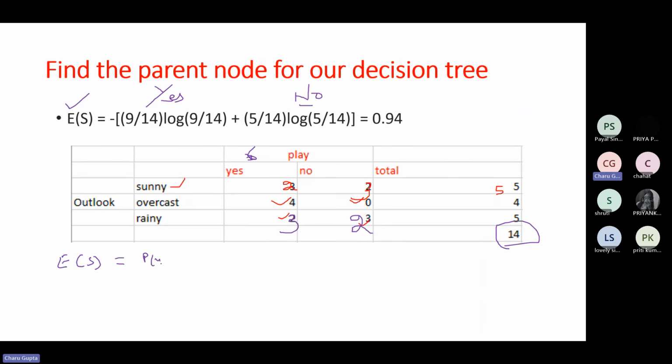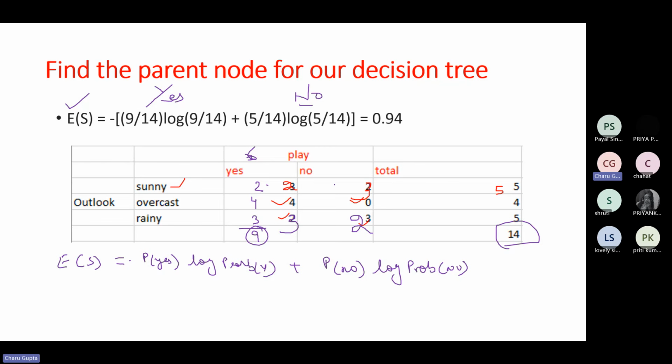Probability of yes multiplied by log probability of yes, ठीक है. इसके बाद probability of no multiplied by log of probability of no. So what is it? Yes का आप कैलकुलेट करिए, 2, 4 and 3. It comes out to be 9.